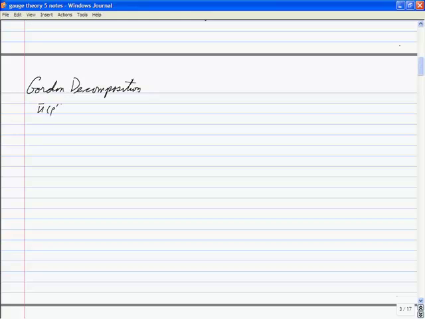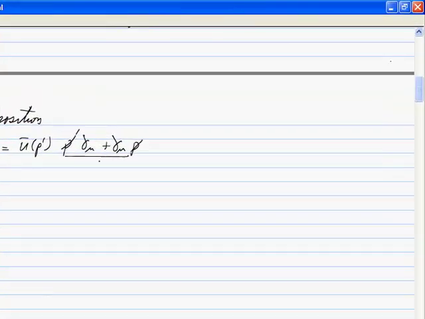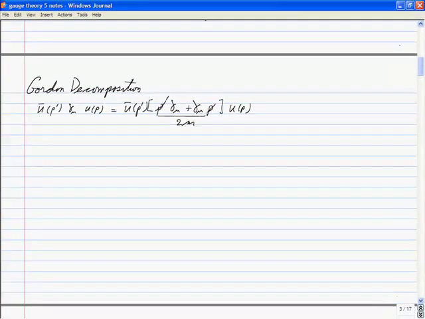If I take u bar of p prime, gamma mu, u of p, I can write that as u bar of p prime, (p slash prime gamma mu plus gamma mu p slash) over 2m, basically p slash equals m, p prime slash hitting that guy equals m.